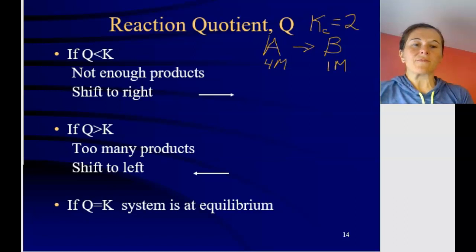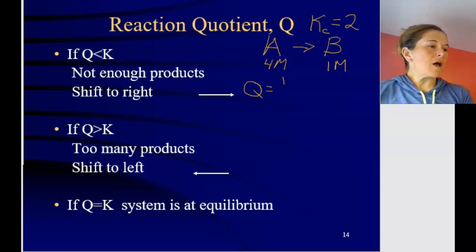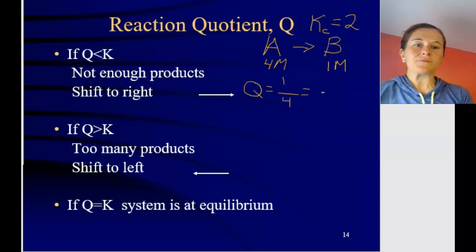Let's go with that. Okay, so Q is calculated the same way that K is. So our Q is going to be product divided by reactant, right? So our Q right now is 0.25.